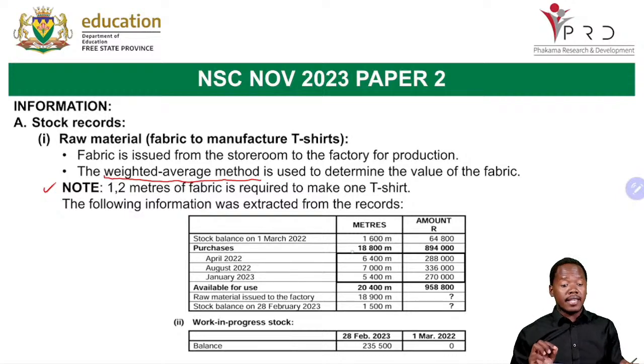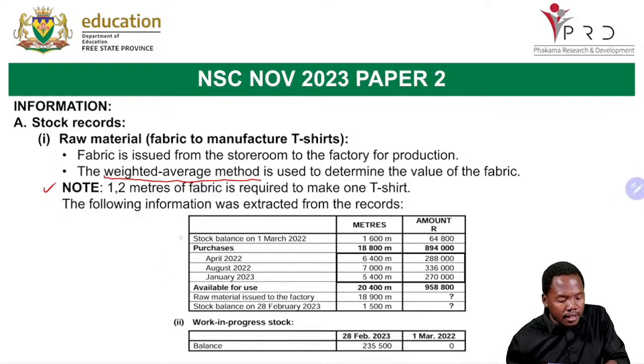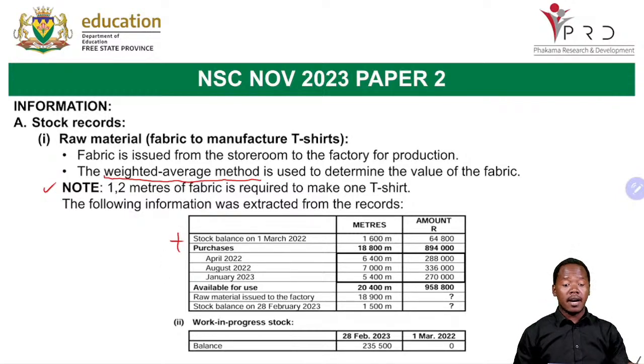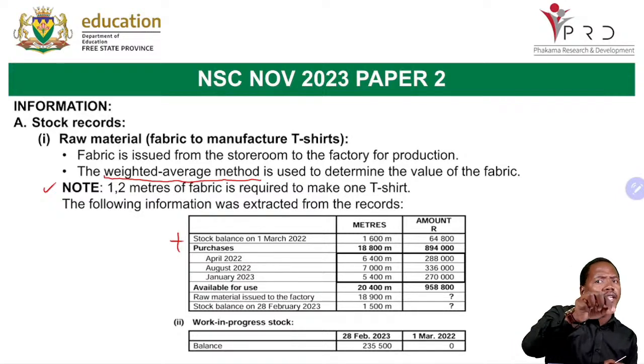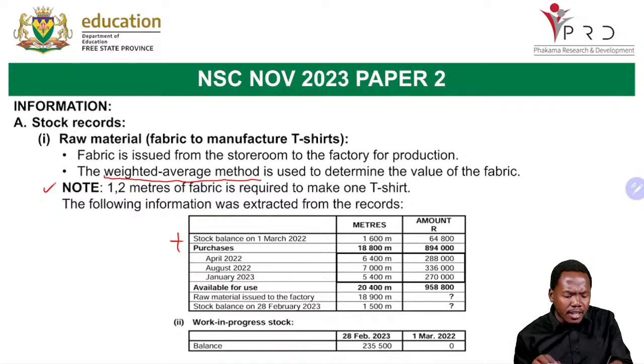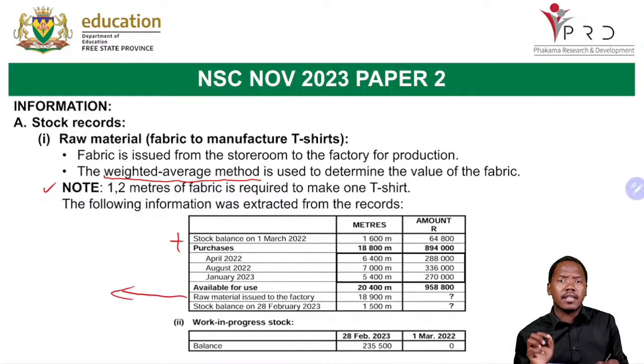And then amounts available for use. Remember, how do they get the amount available for use? It is opening plus purchases. And then we get available for use. And then raw materials that are now actually issued to production. What does the word issued to production mean in this instance?